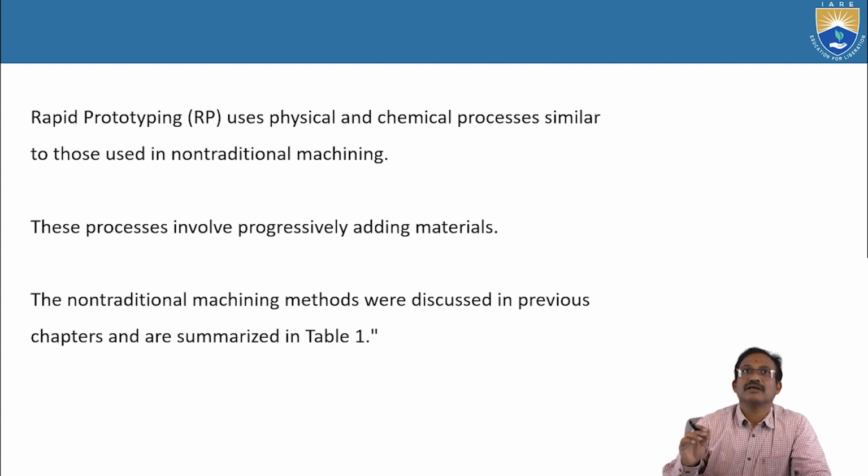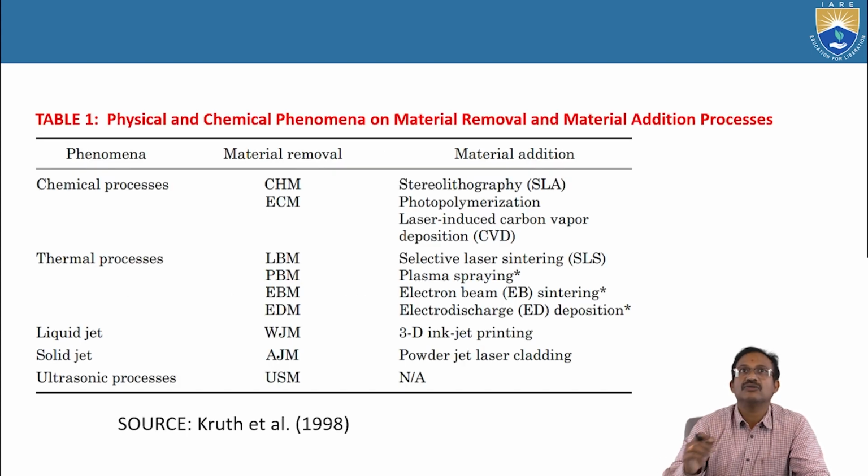Rapid prototyping uses physical and chemical processes similar to those used in non-traditional machining. These processes involve progressively adding materials. The non-traditional machining methods were discussed in previous chapters and are summarized in Table 1. Let us look at it here.